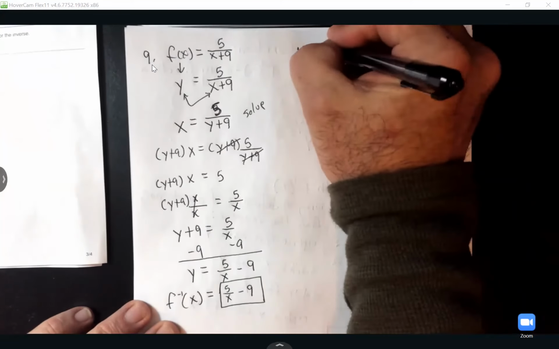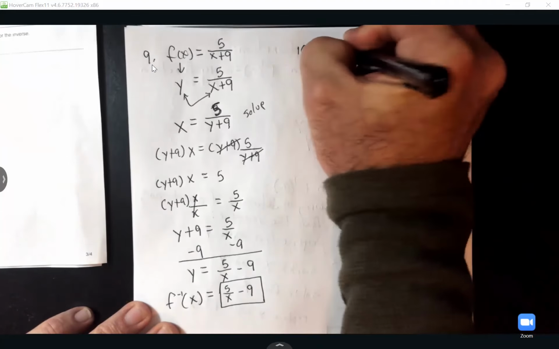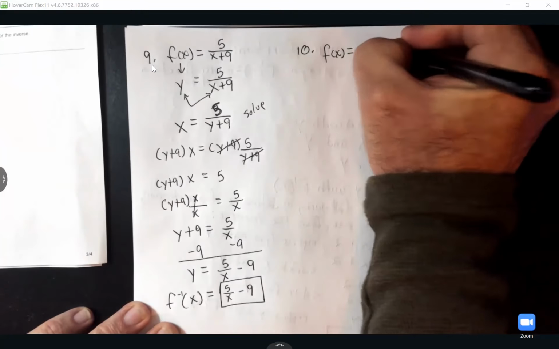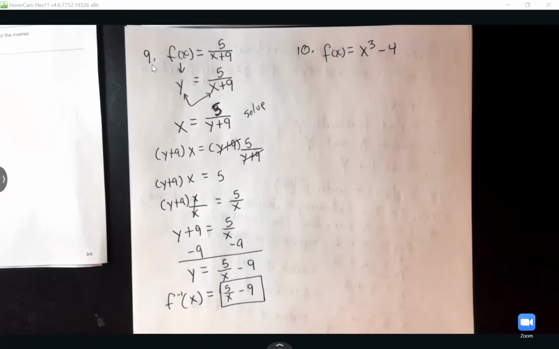All right, y'all, here we go. f of x equals x to the third minus 4. So definitely one-to-one again. You can even graph these in your calculator, go to Y1 and graph them, and you'll see visually that they're one-to-one.